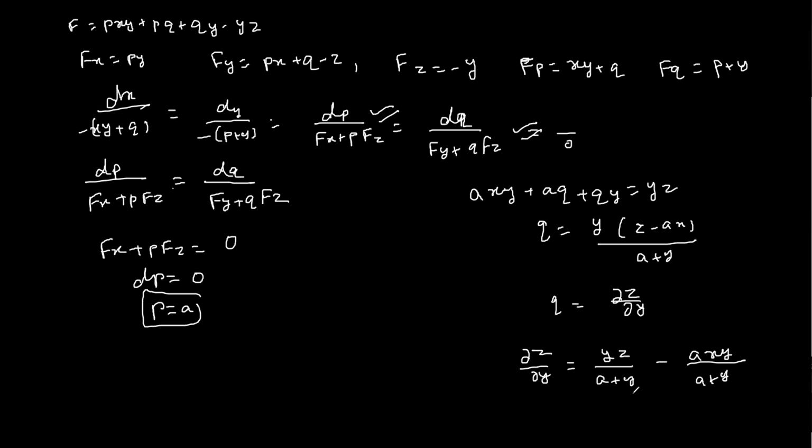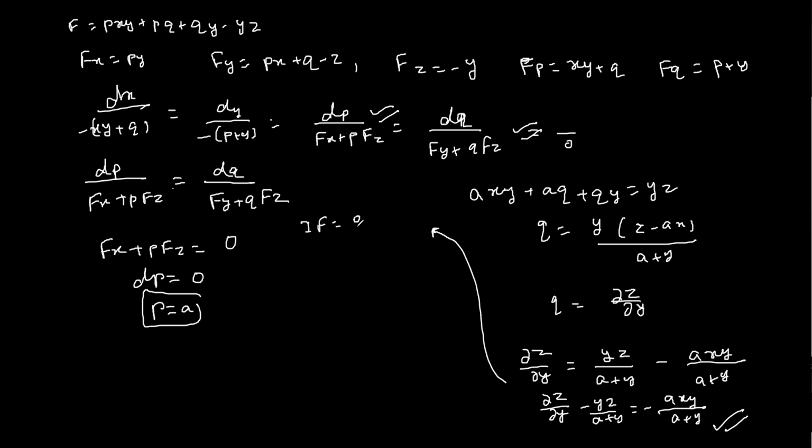When you simplify this, you will get del z by del y minus yz upon a plus y is equal to minus axy upon a plus y. And this is what? Linear ordinary differential equation. If this is linear, find its IF. IF means integrating factor.